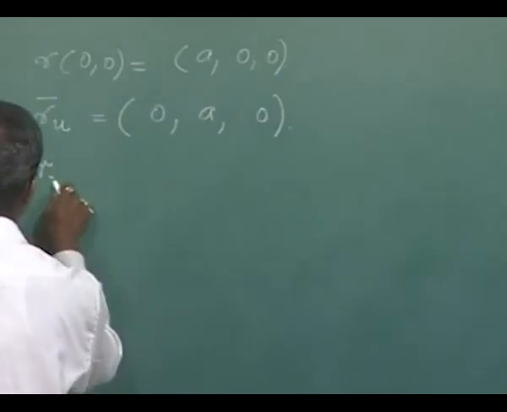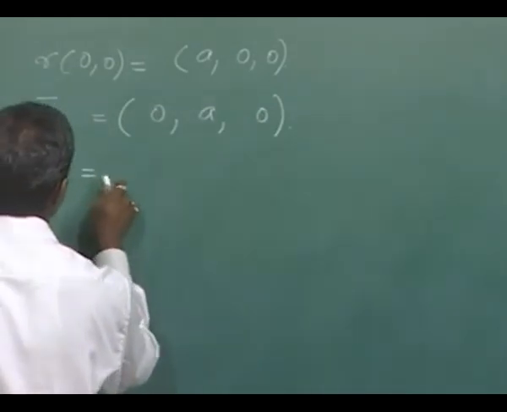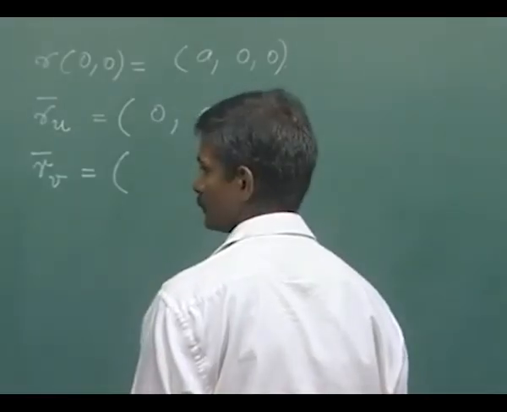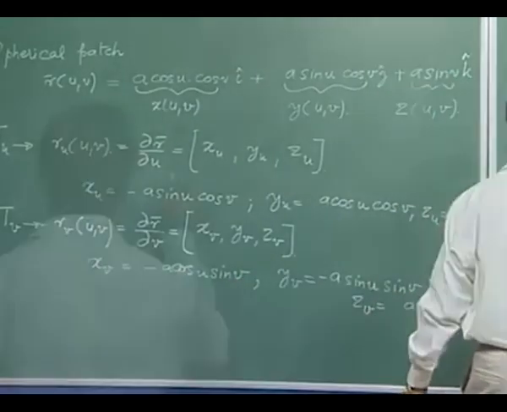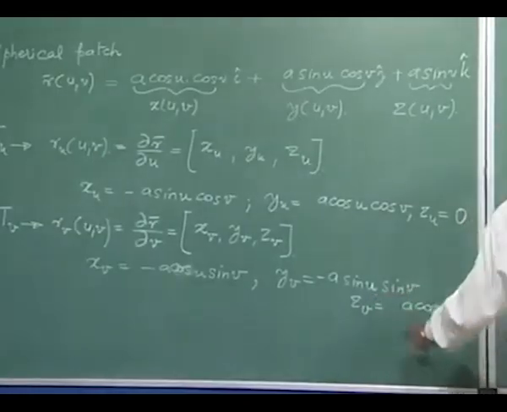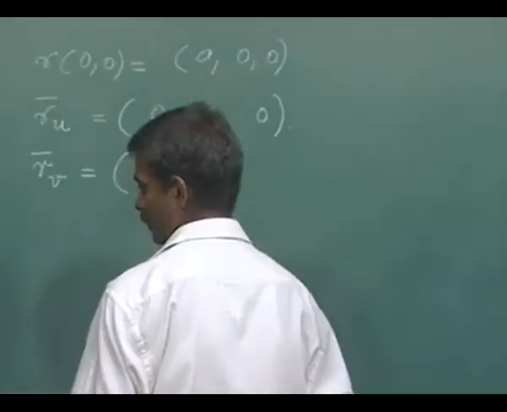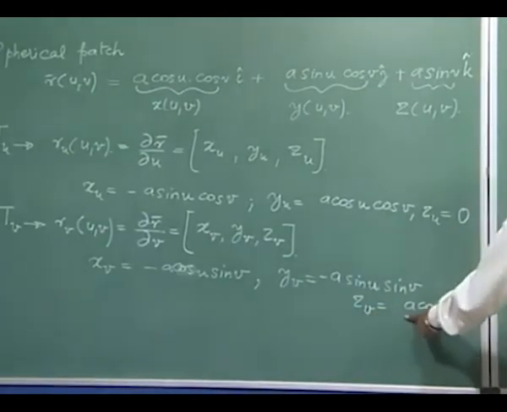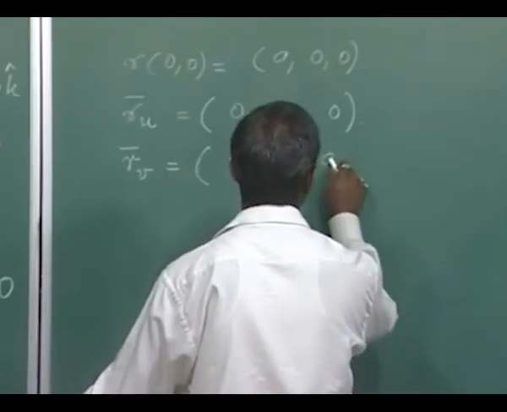Likewise, the tangent along the v direction: x of v is 0, y of v will again be 0, and z of v will be a.